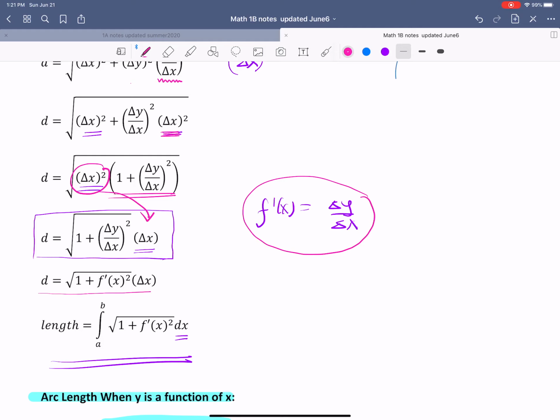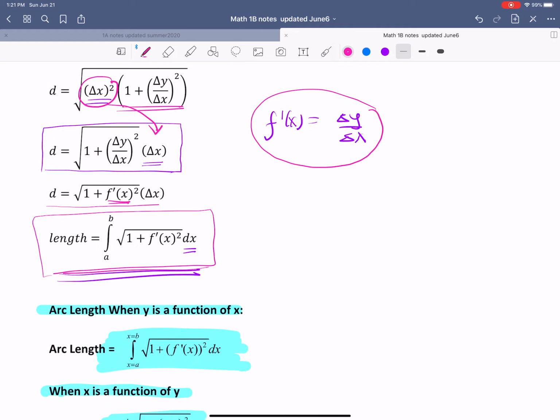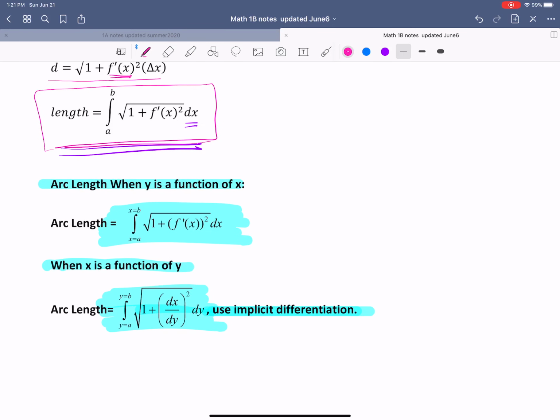So we can replace delta y over delta x with f prime of x and integrate all the little small distances from point A to point B, and we would have the length of our curve. From point A to point B, the integral from a to b of the square root of 1 plus f prime of x squared dx. Now it's really important to remember arc length when y is a function of x.